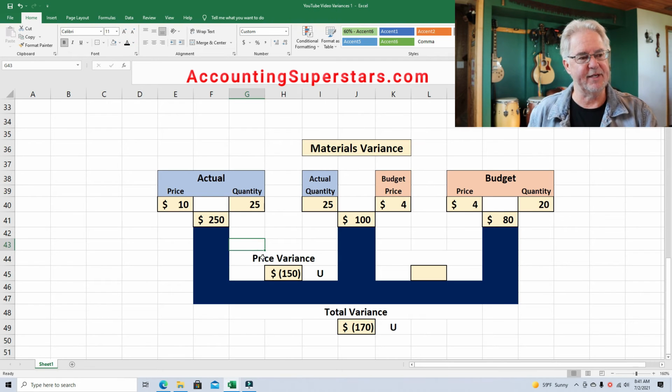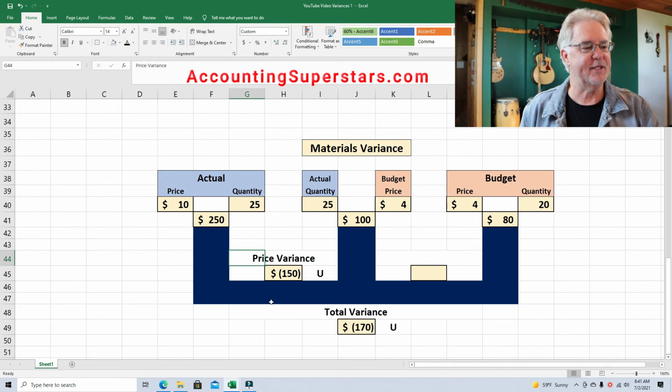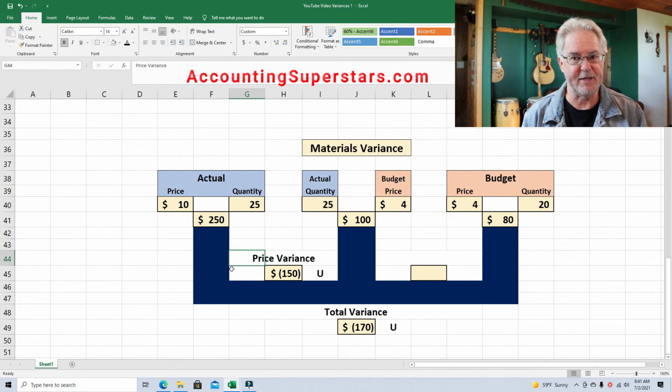Another way to think of it is P comes before Q. So you write down price on the left-hand side. P comes before Q. Okay, so price over here. So what this means is, man, we spent $150 more than we were expecting just because the price went up.